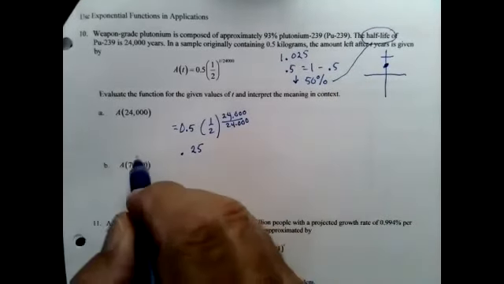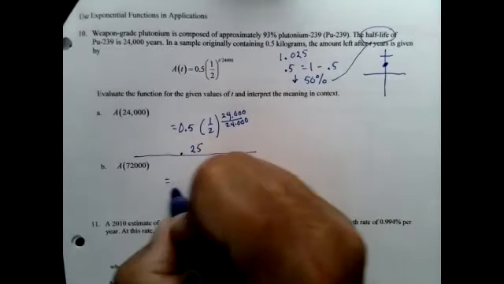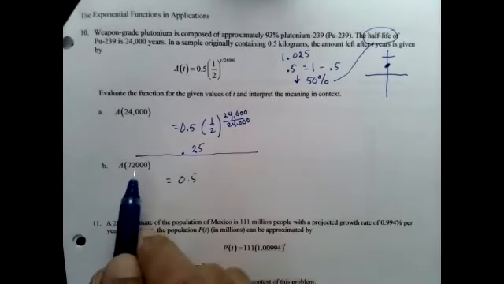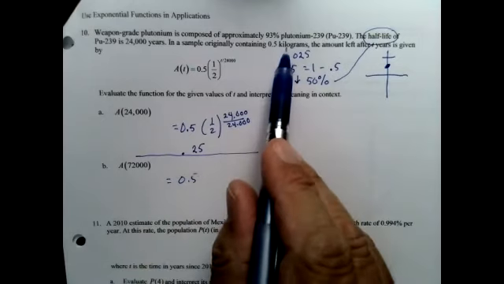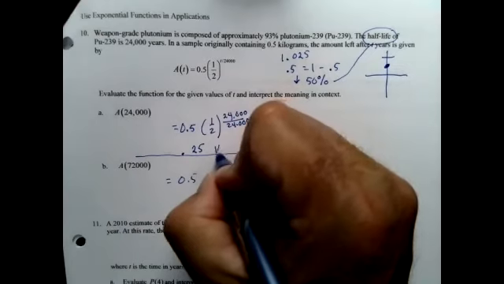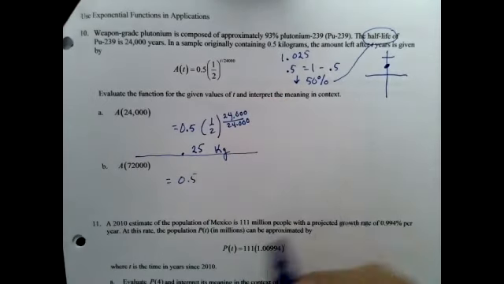It just slowly degraded. What if after 72,000 years, how much of my original plutonium, 0.5 kilograms, right? We're now down to 0.25 kilograms.